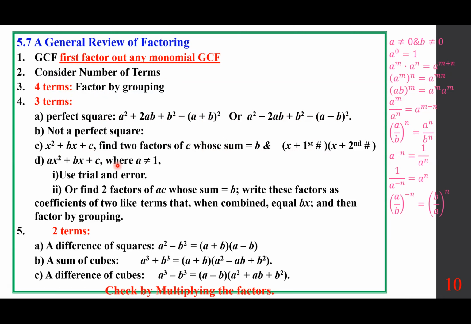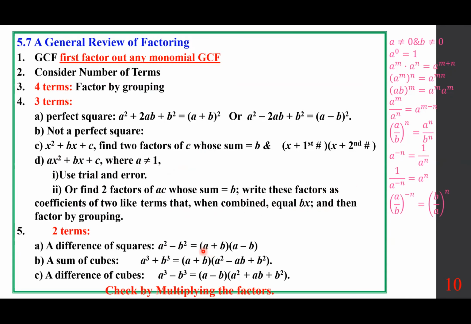If it's ax squared plus bx plus c and a is not equal to 1, we use trial and error, or we find 2 factors of ac whose sum is b, write these factors as coefficients of 2 like terms that when combined equal bx, and then factor by grouping. We're going to discuss this again, and I hope this is just a reminder and it's coming back to us. A difference of squares.